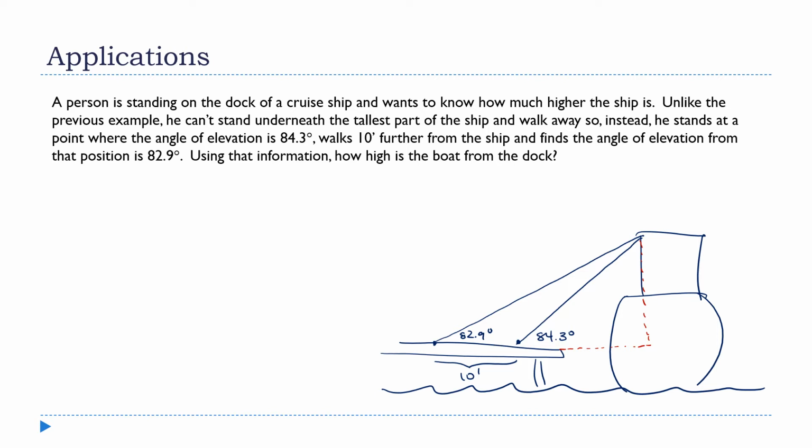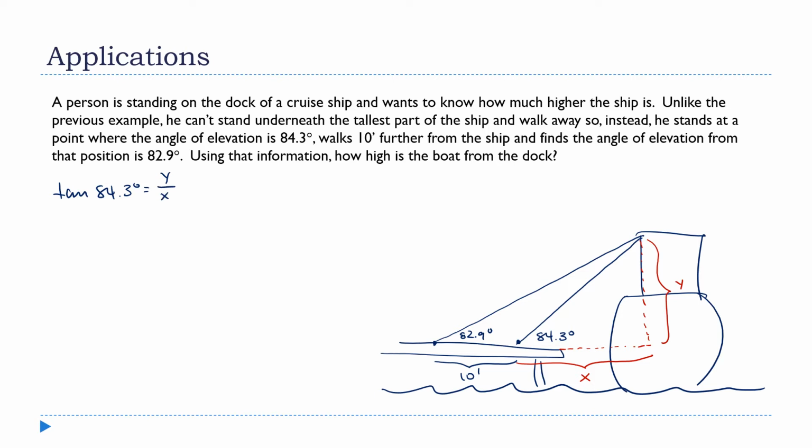This height, the distance we're actually looking for, I'm going to let be y, and I'm going to let this distance be x. So what do I know? I know the tangent of 84.3 degrees equals y over x.